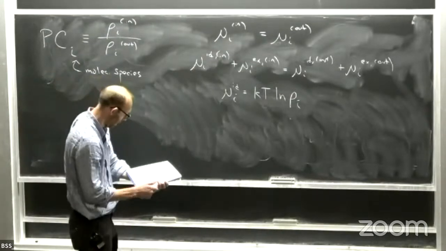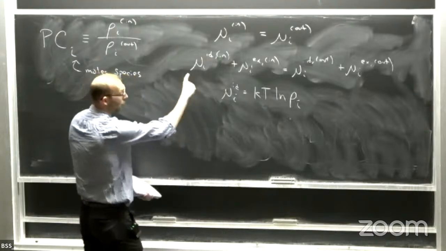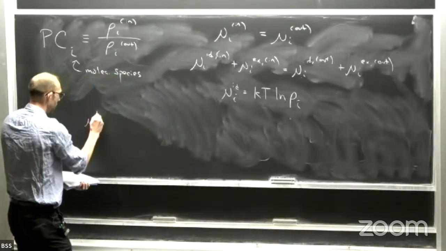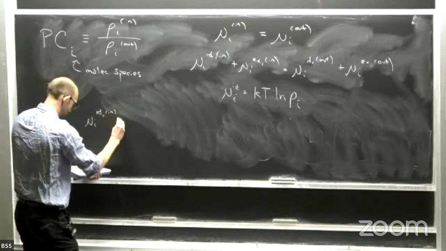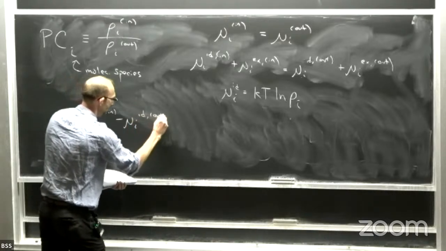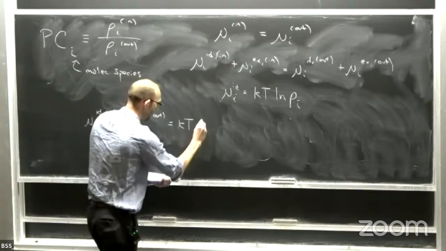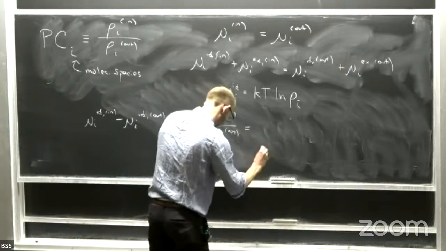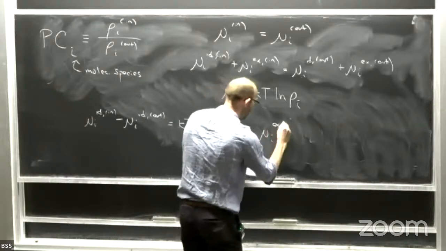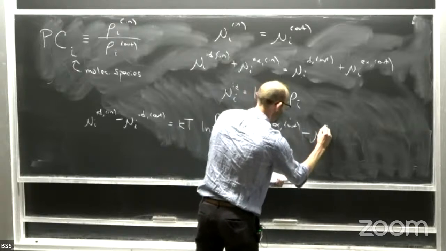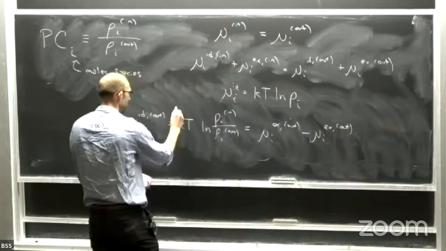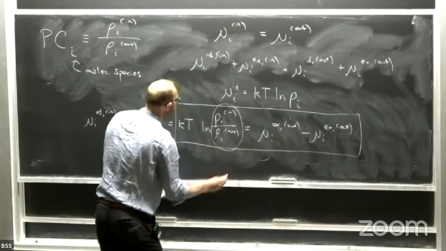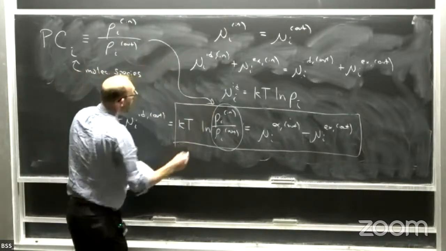Right, so we can just rearrange this equation, and we move the ideal parts onto the same side, and we get this, where this thing here is precisely our partition coefficient.